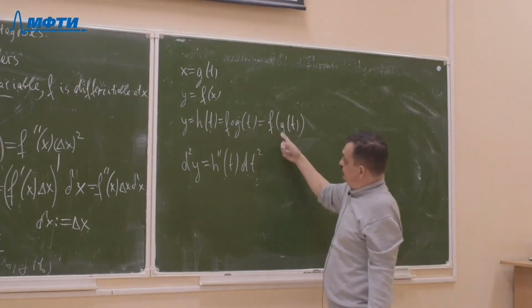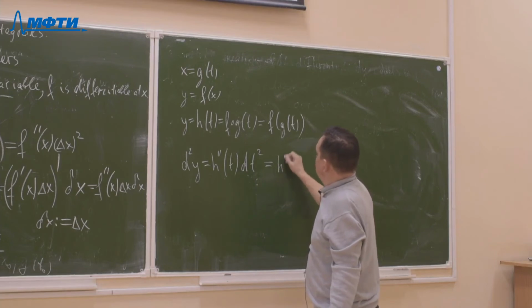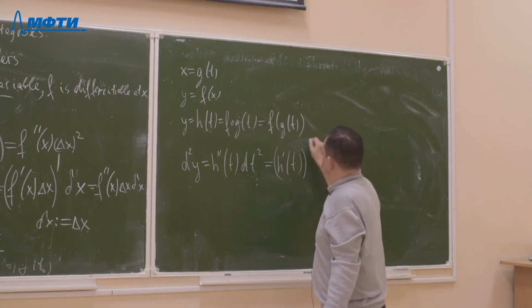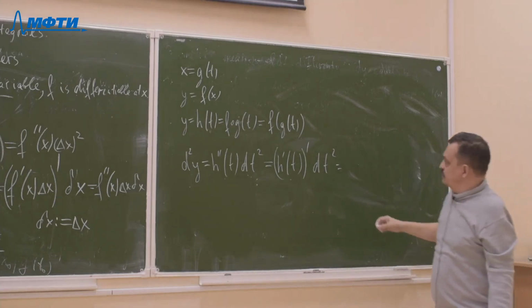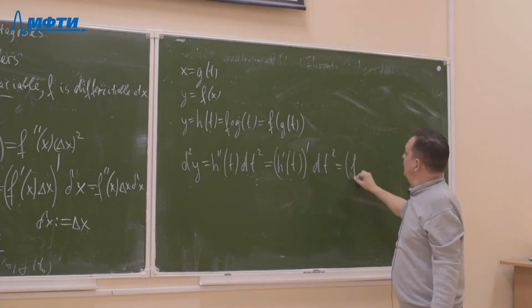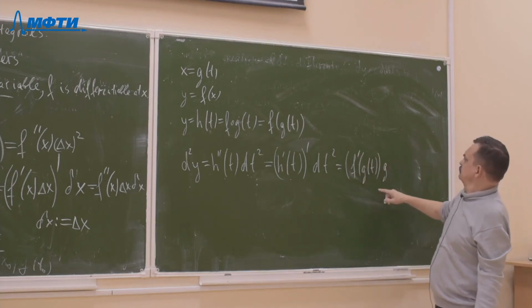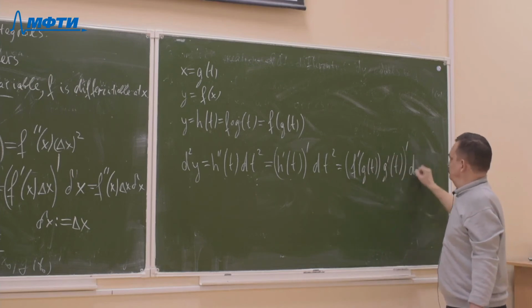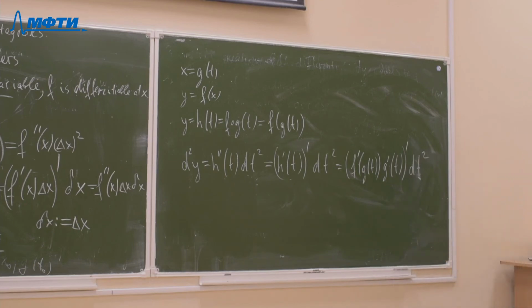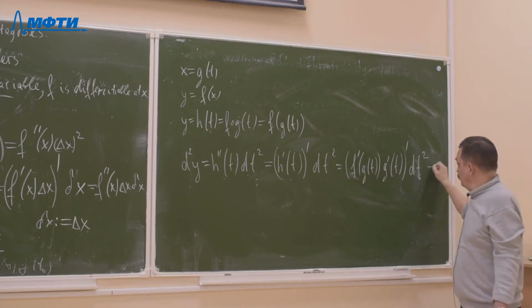That is what we know by the definition of the second differential if t is an independent variable. Now let's compute. That is h prime of t, prime, dt squared. h prime of t we know: that is f prime at g of t times g prime of t, and we should differentiate this expression. Now we have a product, so we have to differentiate the product.